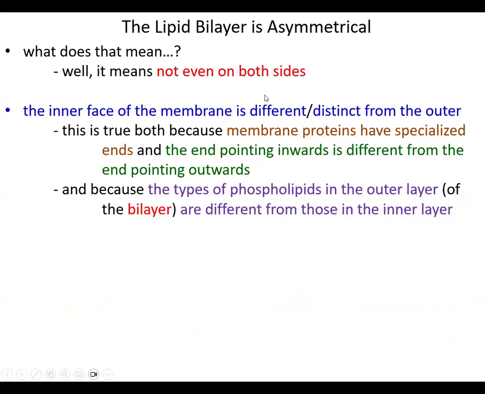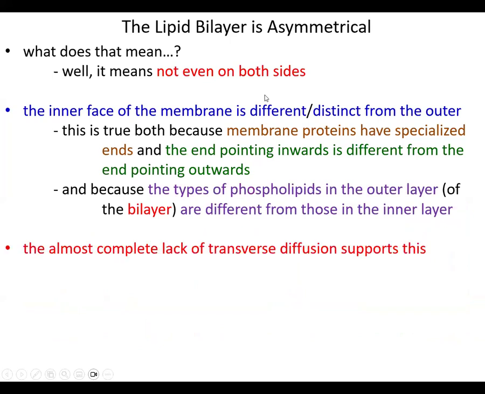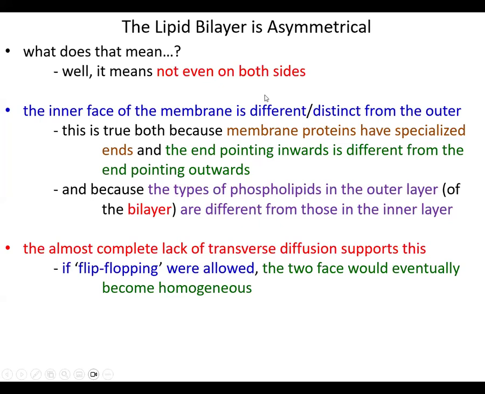The lipid composition is different on the two layers or the two faces of the bilayer, and that is also intentional. We can easily maintain this asymmetry because we don't get a lot of transverse diffusion, and even if we do get transverse diffusion, flipase is going to come and fix it. So the rarity of transverse diffusion keeps this asymmetry in place.